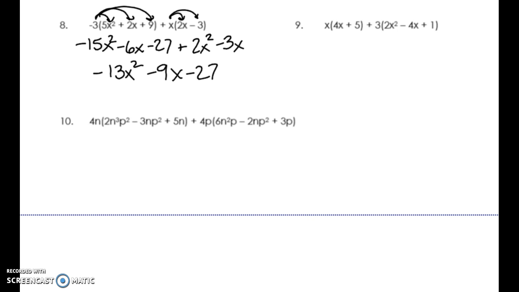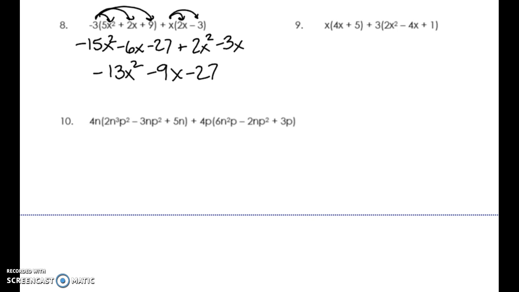This is one where you have to combine like terms when you multiply it through. Questions on that one? Good. Okay. We're gonna skip number 9.